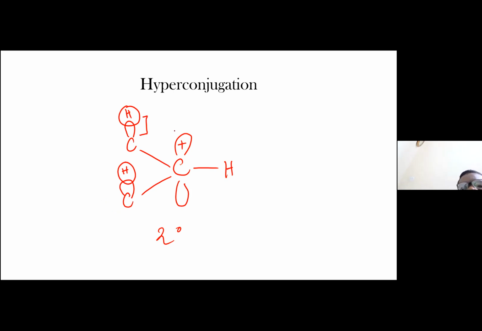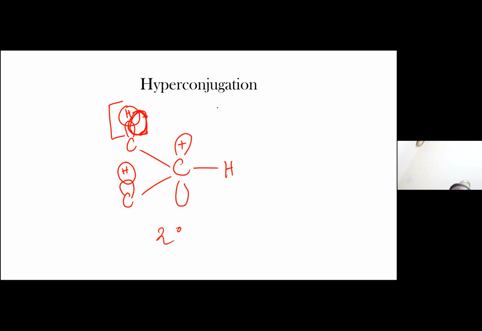That way, this empty p orbital of this carbocation feels some of the electron density in this sp3 hybridized orbital. So the more carbon-based groups you have around you, the more they're able to share their electron density a bit and help stabilize the carbocation. Does that make sense? Are there any questions on that?